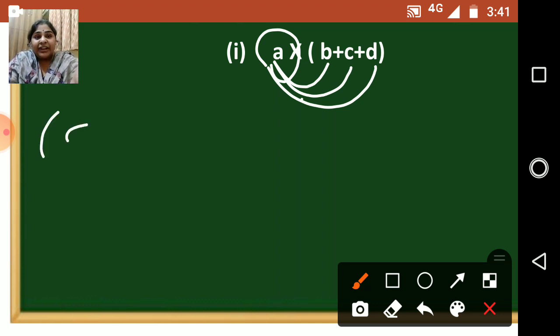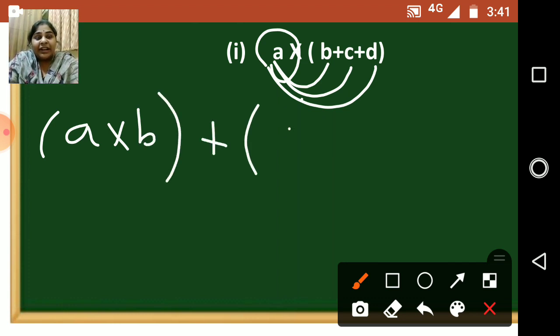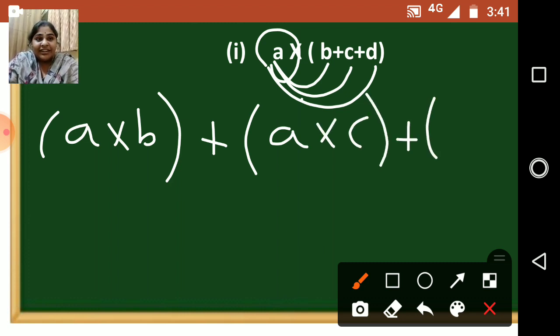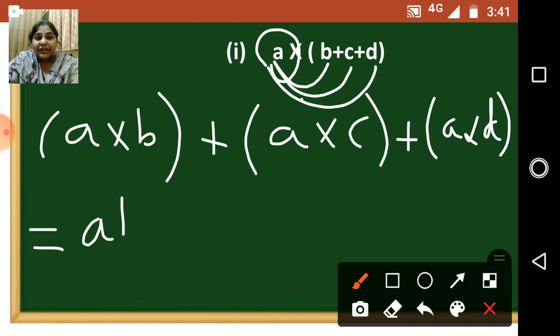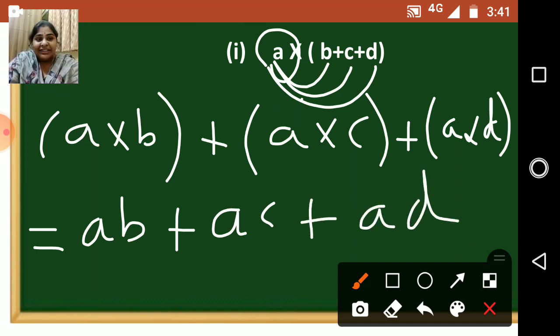It will be a multiplied by b, plus as it is, a multiplied by c, plus a multiplied by d, which is nothing but ab plus ac plus ad.